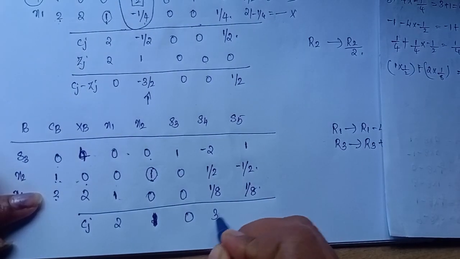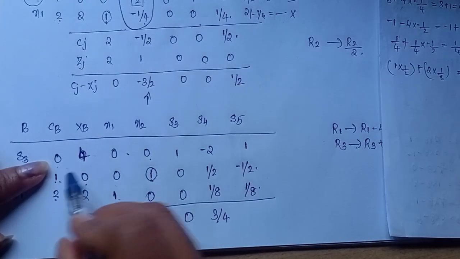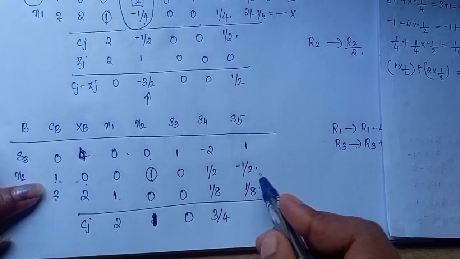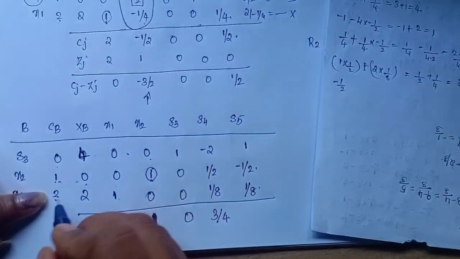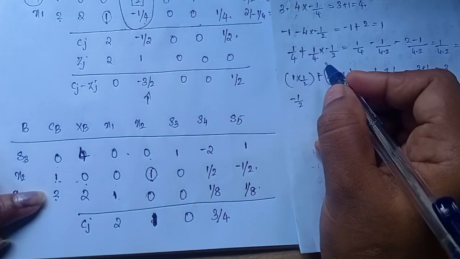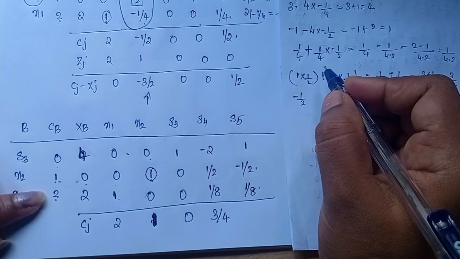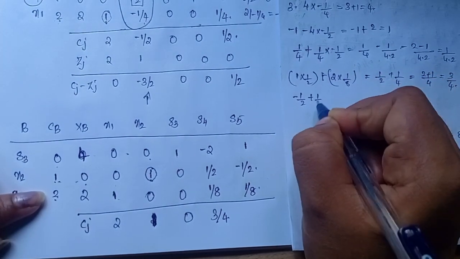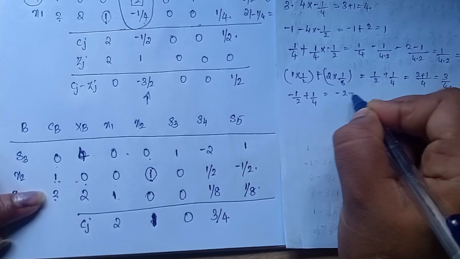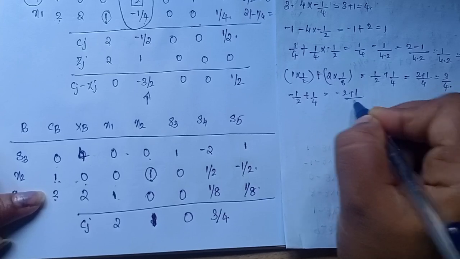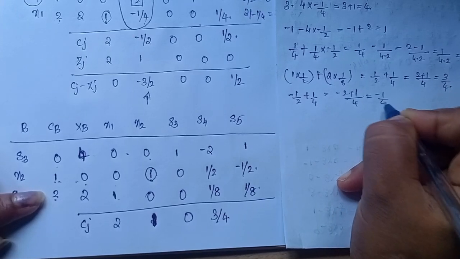So this is 3/4, and here 0 into 1 0, plus 1 into minus 1/2, that is minus 1/2, plus 2 into 1/8, that is plus 1/4. So take the LCM, we get minus 2 plus 1/4, that is minus 1/4.